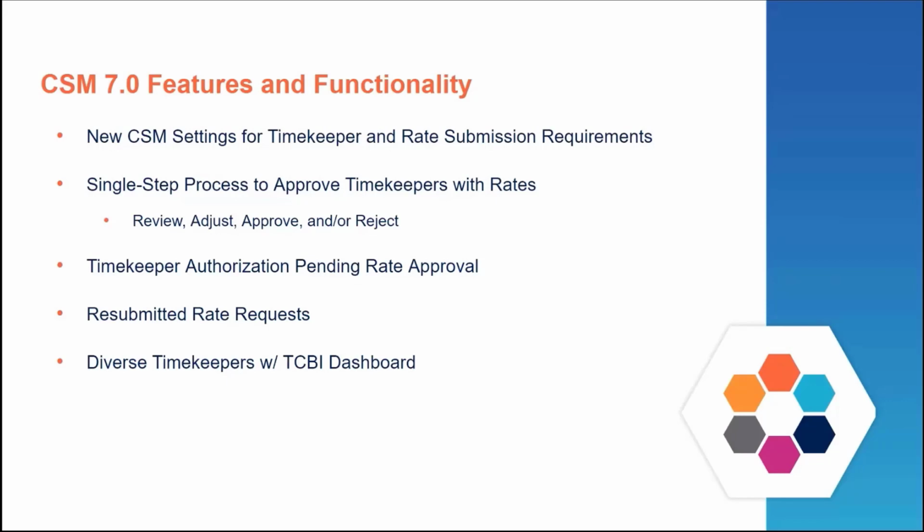Also, the timekeeper authorization part of the process, and the ability to resubmit rate requests that have been rejected. And then, a little bit of a separate topic, we'll also take a look at some improvements and enhancements to the recent addition of DEI tracking between Collaborati and CSM.